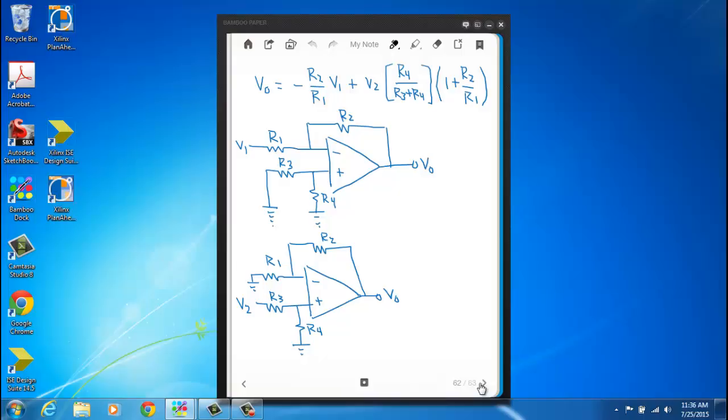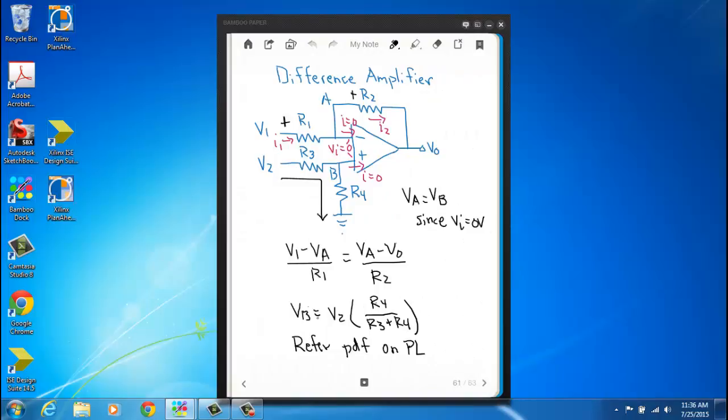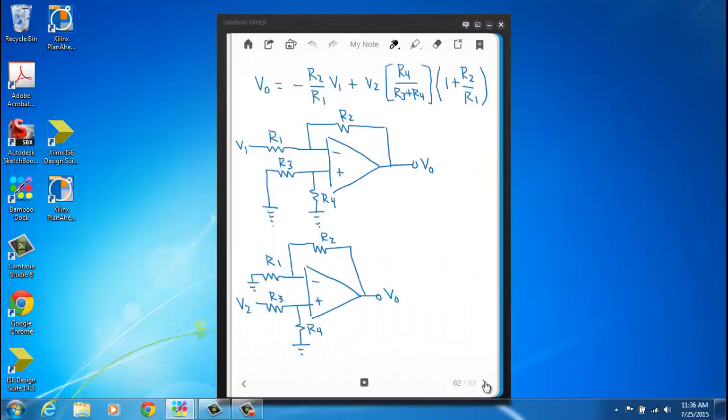Basically where this expression comes from is if you just take VB here and plug in for VA, since VA is equal to VB, if I just take this expression for VB and plug it into this expression for VA and then just do some algebra, I can show that Vout is equal to what you see at the very top of the page here.